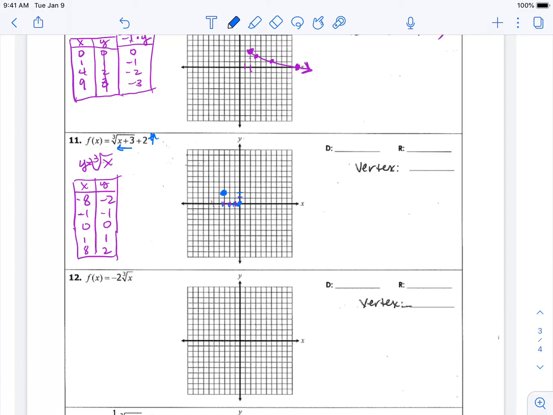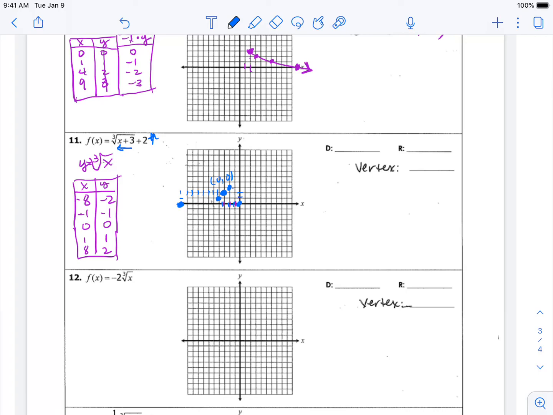And from there, I can count as if that's 0, 0, where my negative 8, negative 2 is, and so forth. So if this were 0, 0, then I can count from here and go, well, x is negative 8 is 1, 2, 3, 4, 5, 6, 7, 8, and down 2. That's this one right here. And from here, negative 1, negative 1, and from here would be 1, 1.